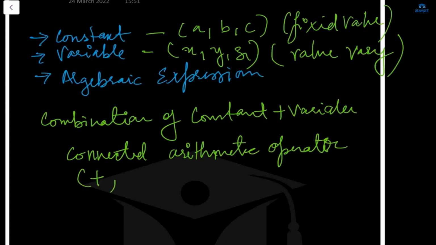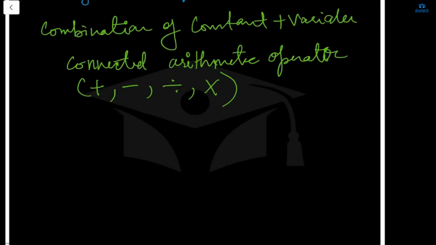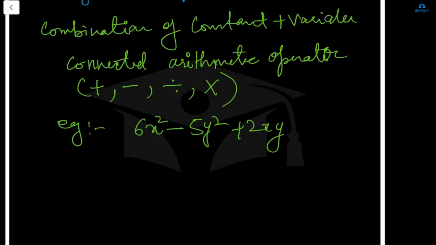The four arithmetic operators that you have been studying from your childhood: plus, minus, multiplication, and division. A simple algebraic expression example: 6x squared minus 5y squared plus 2xy. You can have many different examples of an algebraic expression.